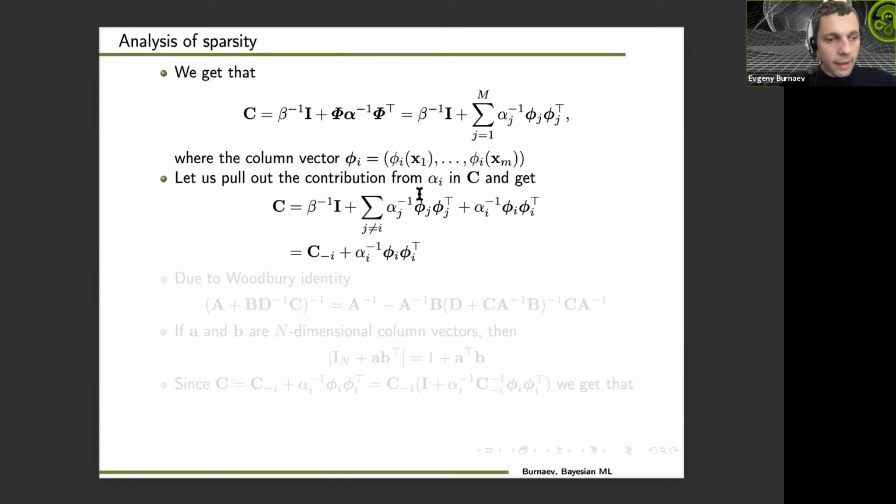What we do, we divide this sum into two parts.